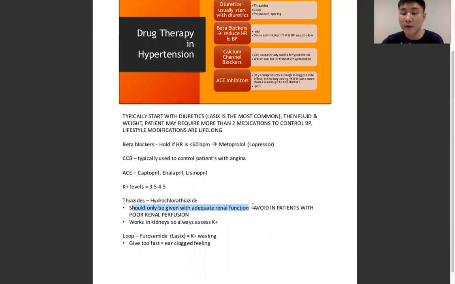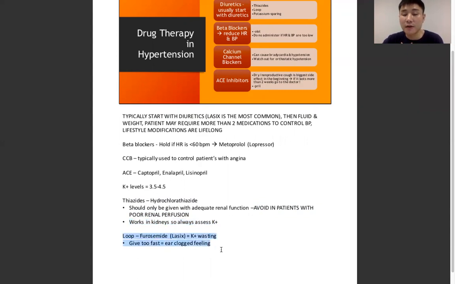And we have to avoid it in patients with poor renal function, meaning that they have chronic kidney disease or acute kidney disease. We don't give this medication because it requires the patient's renal function to be optimal in order to administer. This medication works in the kidney, so always assess potassium level as well.